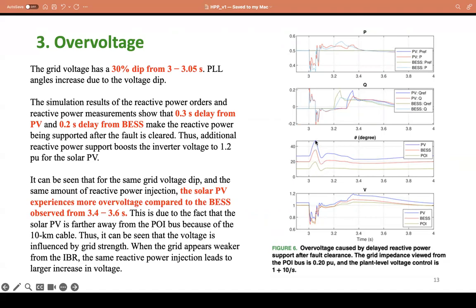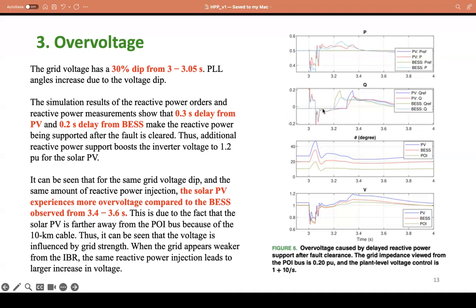The PLL angle is increasing, but let's look at the action of the inverters. Inverters have this low voltage ride through logic. So immediately if they sense the voltage dip, they will send more reactive power. That's the low voltage ride through implemented at the inverter level. Afterwards the fault clears, then voltage recovers. On the other hand, let's take a look at the delay.